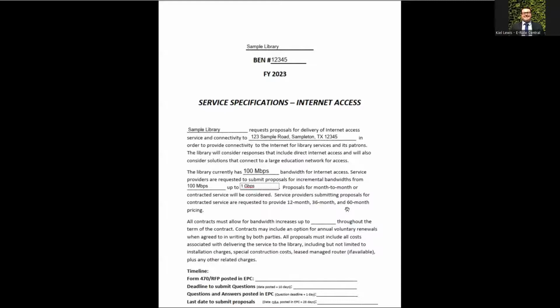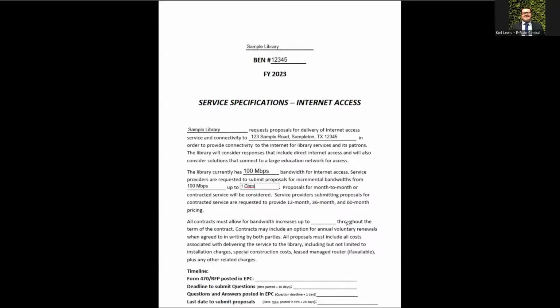A multi-year contract is potentially useful because it may allow you to continue using that multi-year contract for the duration of that contract and not have to file a Form 470 each year as you would with month-to-month services or with a 1-year contract.